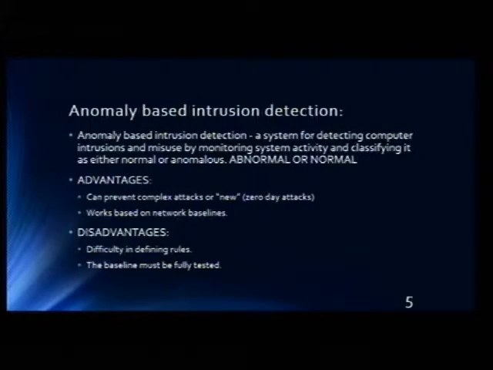So these are behavior triggers. You start off with a baseline of your network, common network activity, and you say, okay, this is good, this is normal traffic. You train your intrusion detection system, and then it triggers on anything that's different from that.